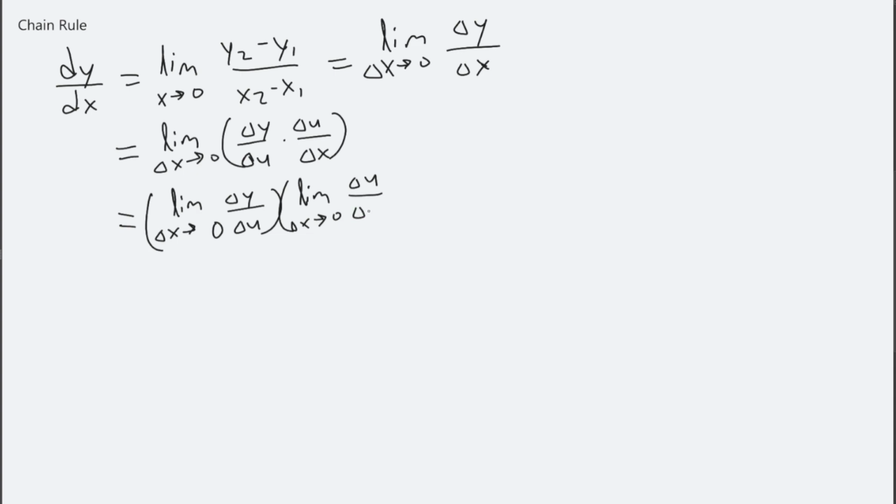Delta u over delta x. And since delta u approaches 0 as delta x approaches 0, we can rewrite this first part of the limit as the limit as delta u approaches 0, which would make a lot more sense here. And the second part we're going to keep the same.